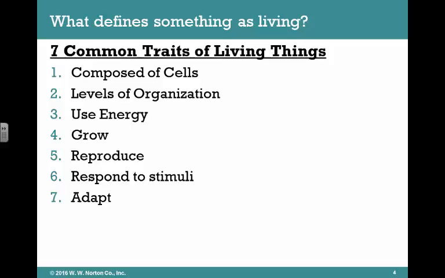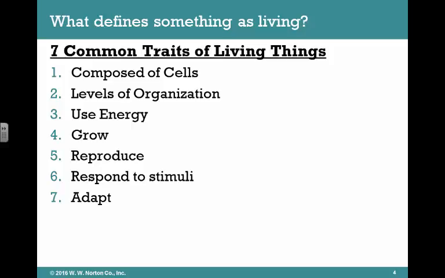But whether an organism is unicellular or multicellular, as we are, there are different levels of organization, and that anatomy and the physiology of the organism is what we'll be studying as part of our course this semester. All living things use energy. That energy helps them to drive their metabolism, and it helps them to grow and reproduce.